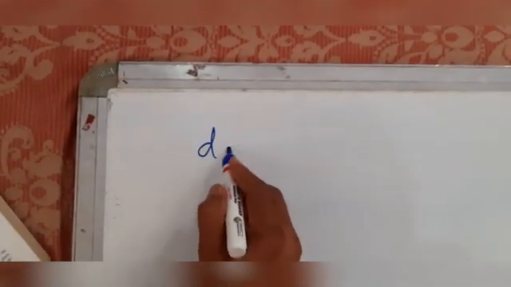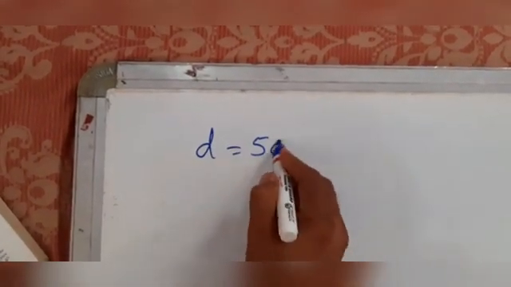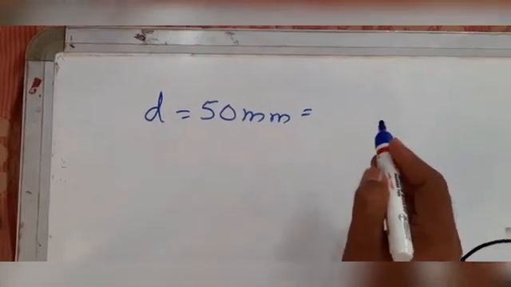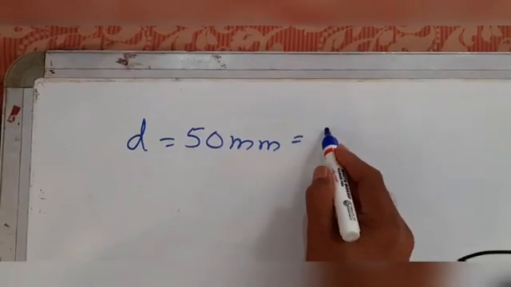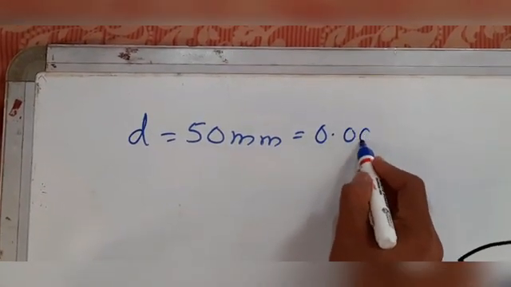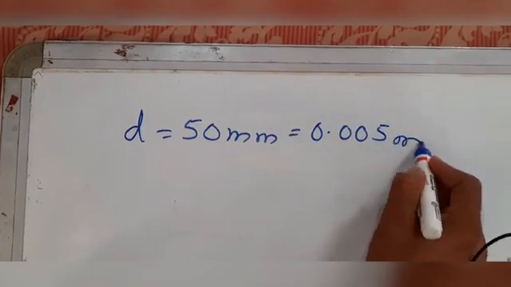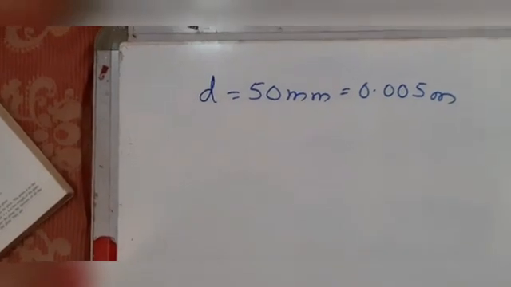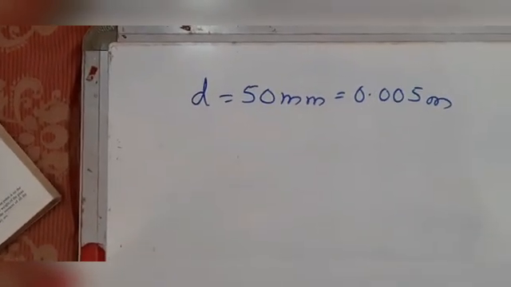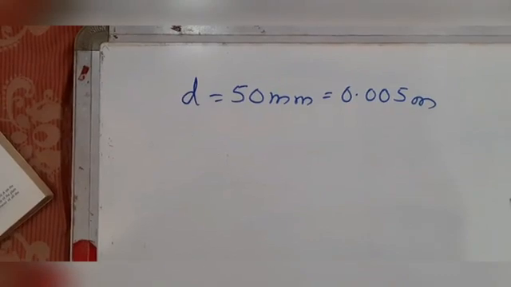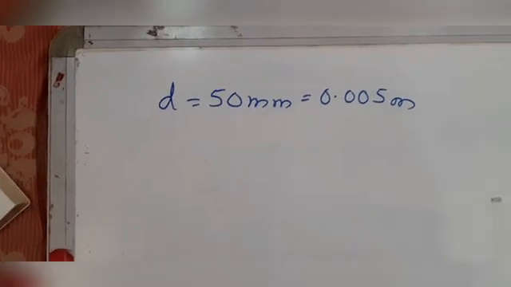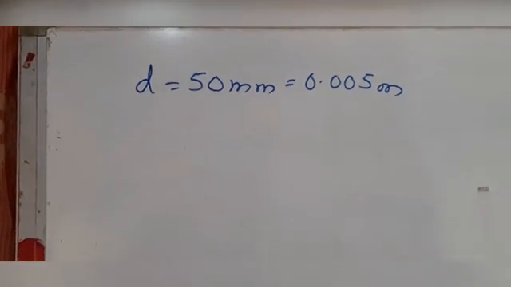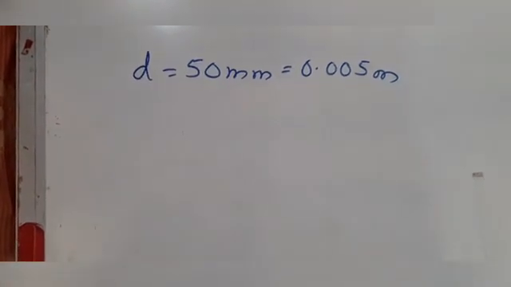Here the diameter is given as 50 mm, and we have to convert the 50 mm into meter, that is 0.05 meter. The plate is fixed in such a way that the angle between the plate and the jet is 30 degree.